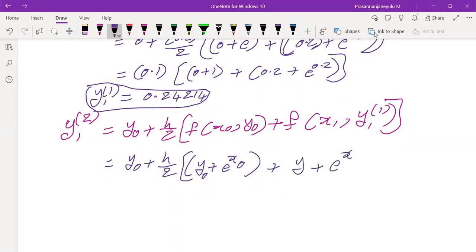But in place of x and y, what do we have in our function? In place of x, we have x1. In place of y, we have the first approximation of y1.